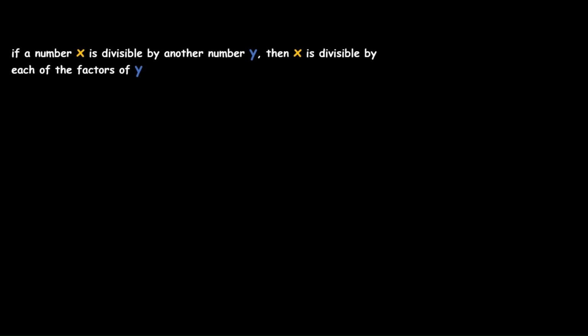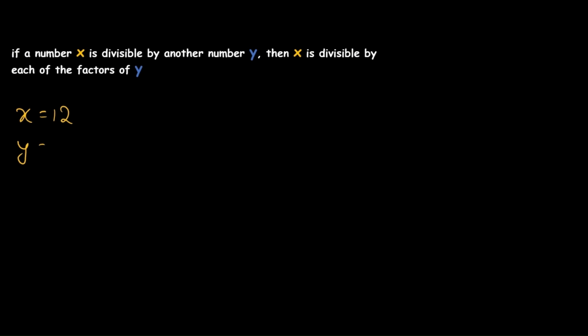Here is our first rule, which says that if a number x is divisible by another number y, then each of the factors of y will also be able to divide x. So let's pick a number x, 12, and another number y which can divide x completely.